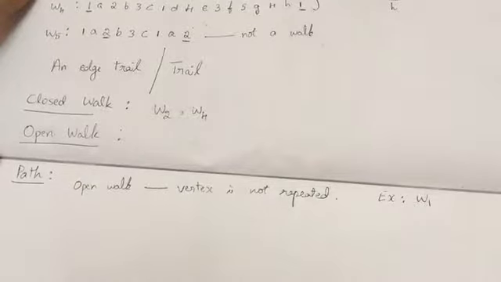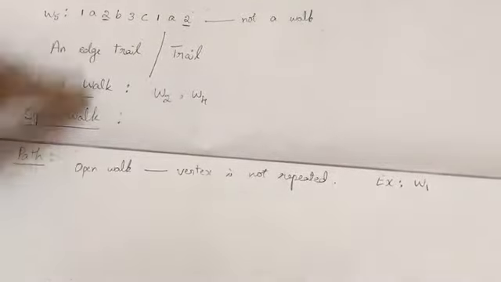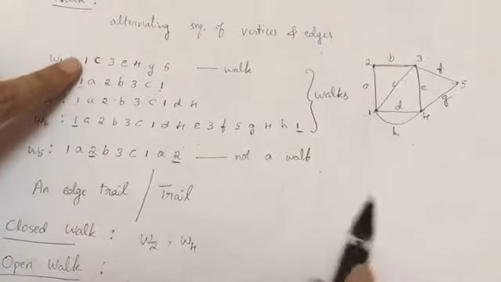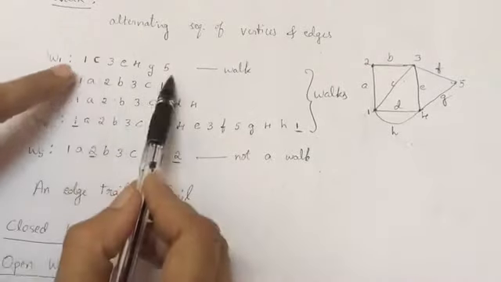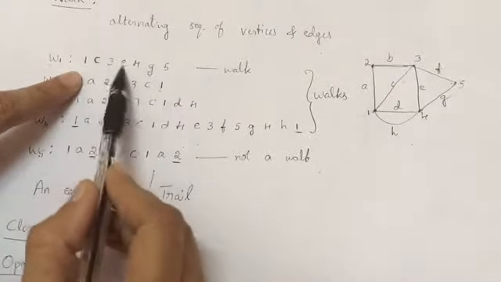Length of a path means how many edges are there in that open walk. That gives me the length of a path. If I consider this example W1 here, the length of this path is 1, 2, 3. How many edges are there? Three edges are there.